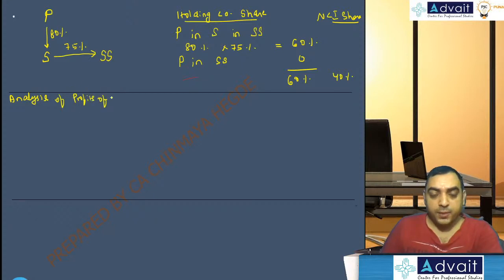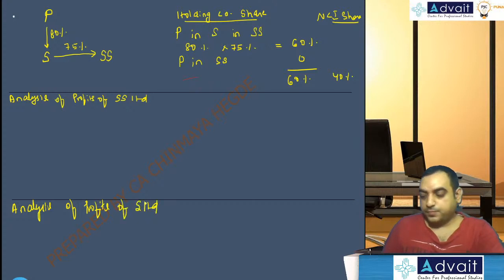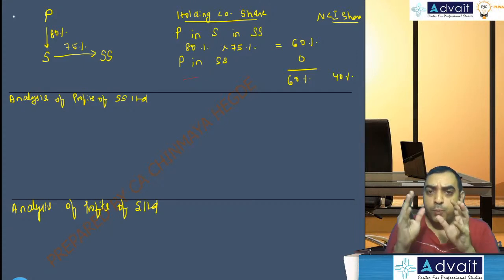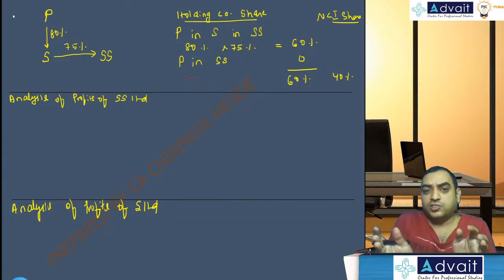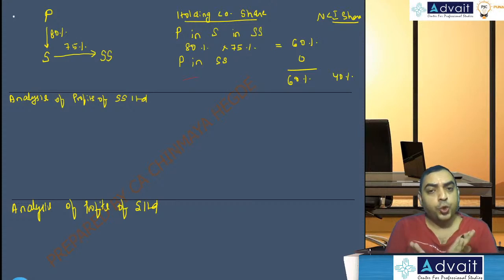Let me do SS Limited, and then I'll go for analysis of profits of S Limited. Here, don't worry about revaluation, depreciation, unrealized profit. Whatever is given in the problem, P&L, reserves, retained earnings, only that part you take. Dividend paid, if any, you should add. Apart from that, don't do any adjustments up to this point.